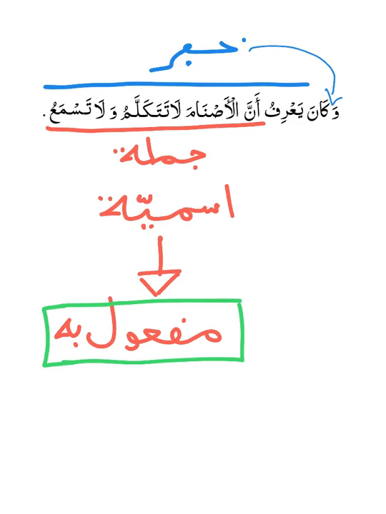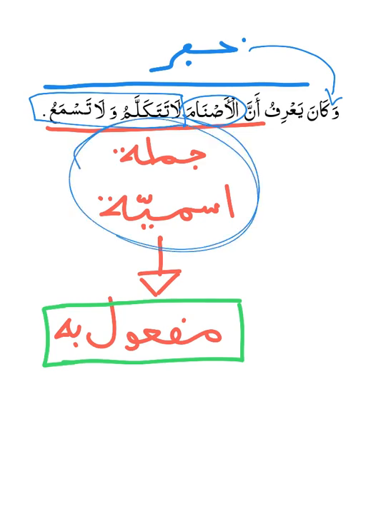Then if you look at everything from anna till the end, anna with its ism and with its khabar, which is a jumla fa'liya, anna with its ism and khabar, it becomes jumla ismiya. It's a standalone nominal sentence. It then becomes the maf'ul bihi of ya'rifu.